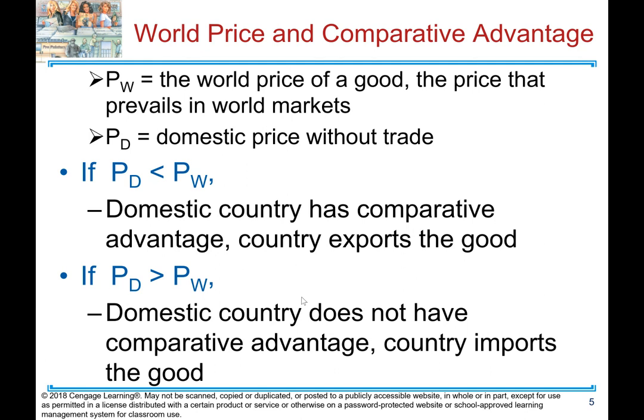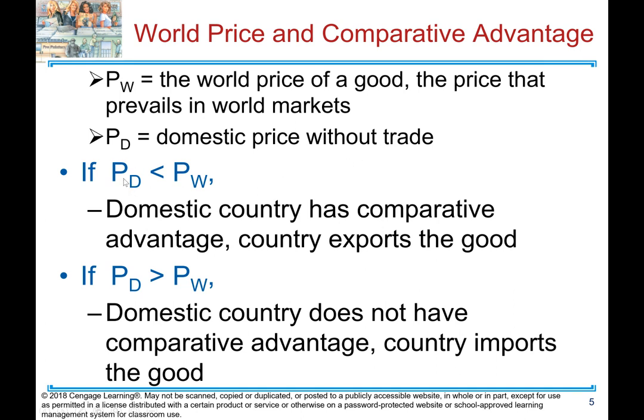Let's look at world price and comparative advantage. PW here is the world price of a good, the price that prevails in the world markets. PD is the domestic price without trade.